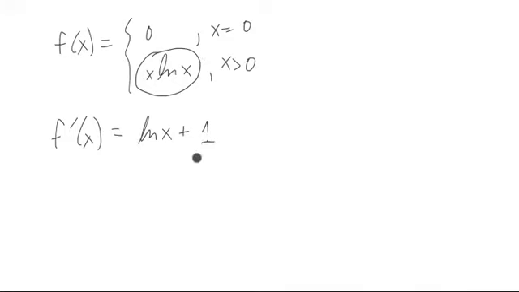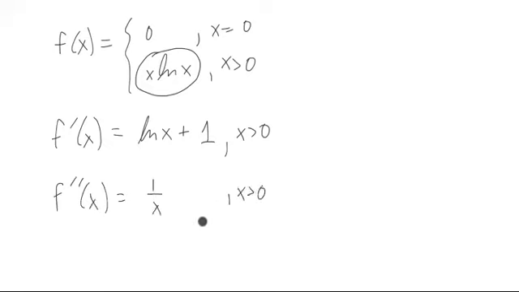So this is the first derivative right here, and we calculated it for x greater than 0. Then let's take a look at the second derivative as well. That's just going to be 1 over x, at least for when x is greater than 0.